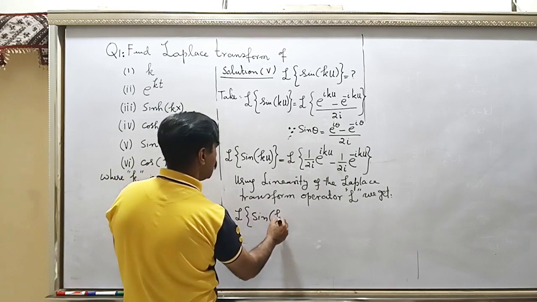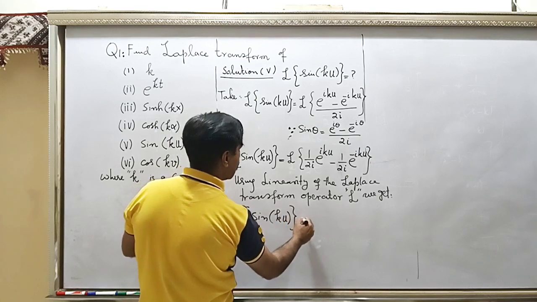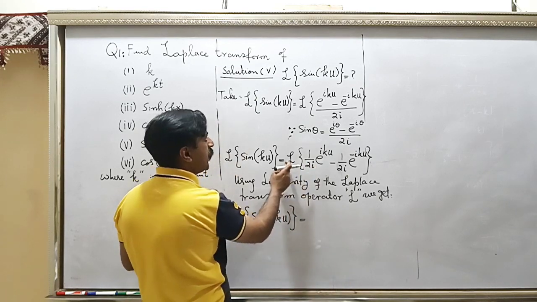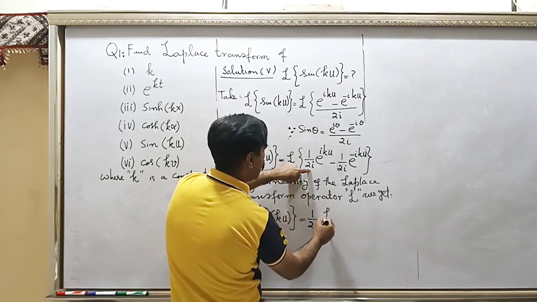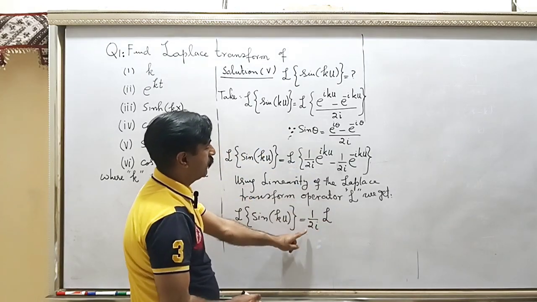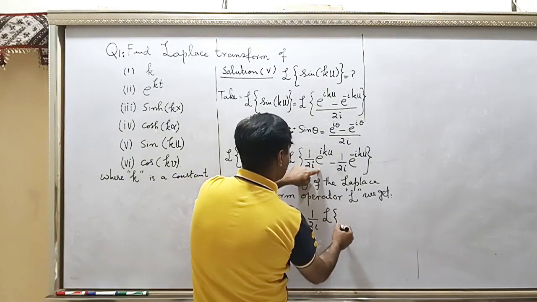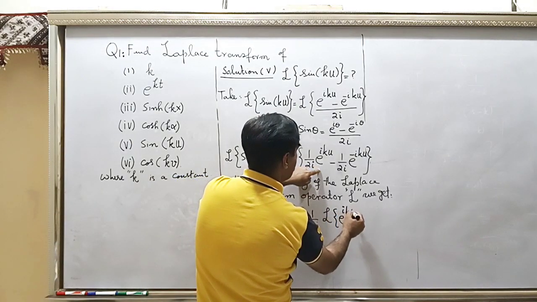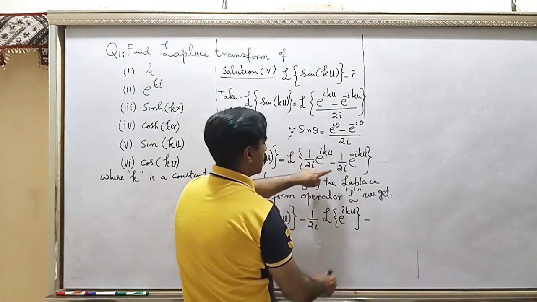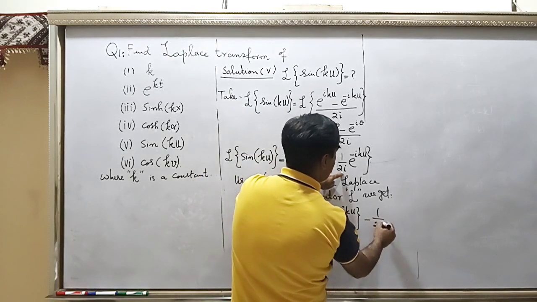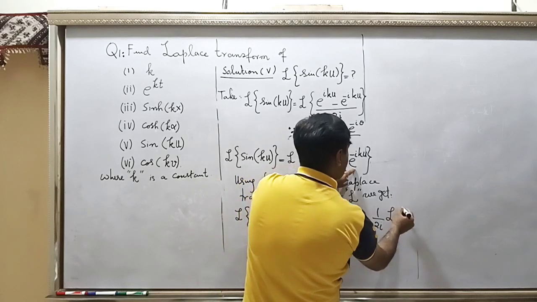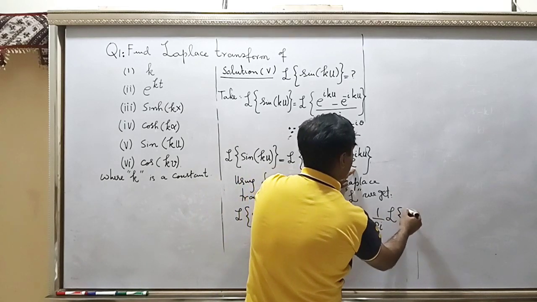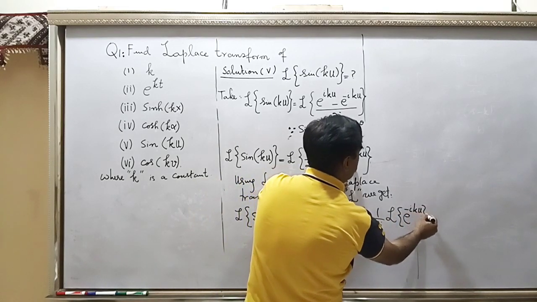And what is linearity? The constant comes in front of the operator. So this 1 over 2i comes in front of L, meaning on the left of L, and the transform will be of e to the power iku minus, this constant again will come in front of the operator L, and the transform will be of e to the power minus iku.